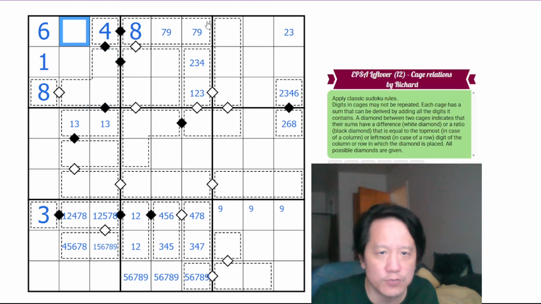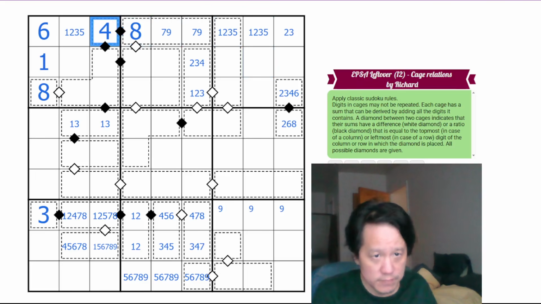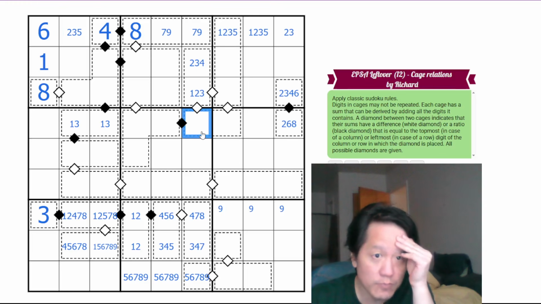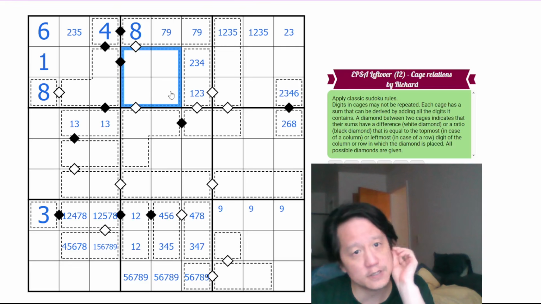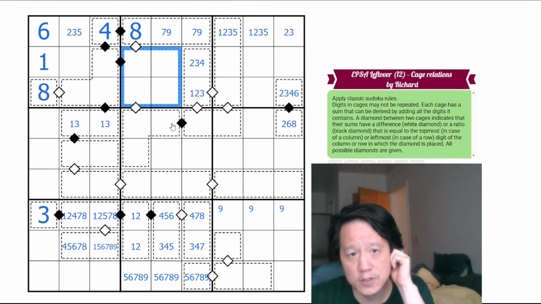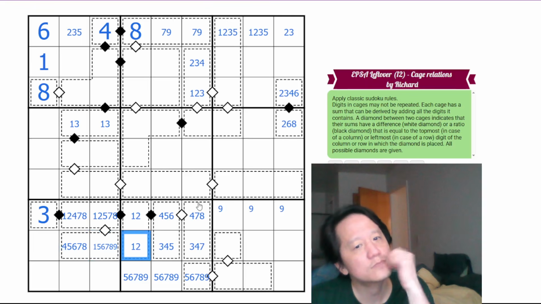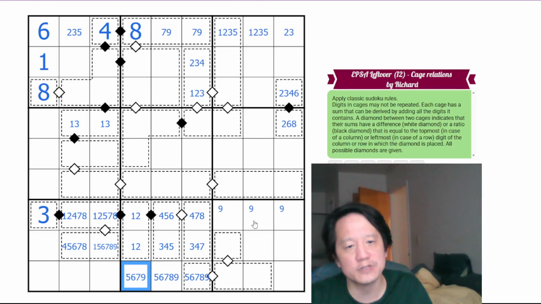Remaining digits of row 1. We have 1, 2, 3, and 5. Excuse me, obviously no 1 here. 16's here. So this is either... 8 cannot be here because of 8 in the column.